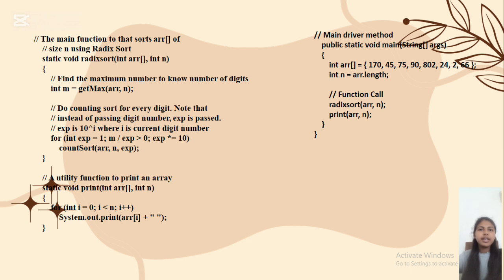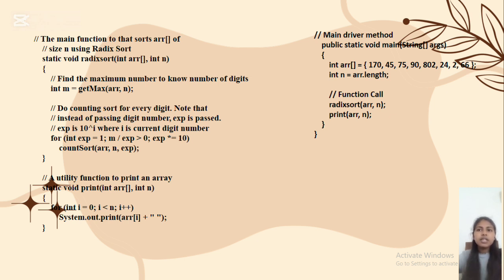Now I'm going to explain the radix sort function. Here, static void radixSort is the main function for performing radix sort. There are two parameters, the int array, which is the array to be sorted, and n, which means the size of the array. Here, getMax is assigned to int m. It is called to find the maximum value in the array.